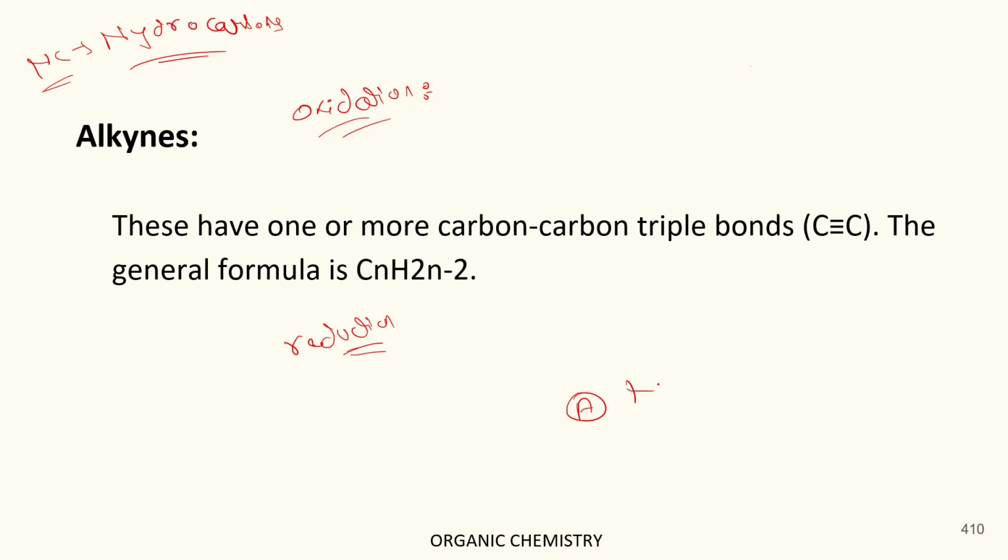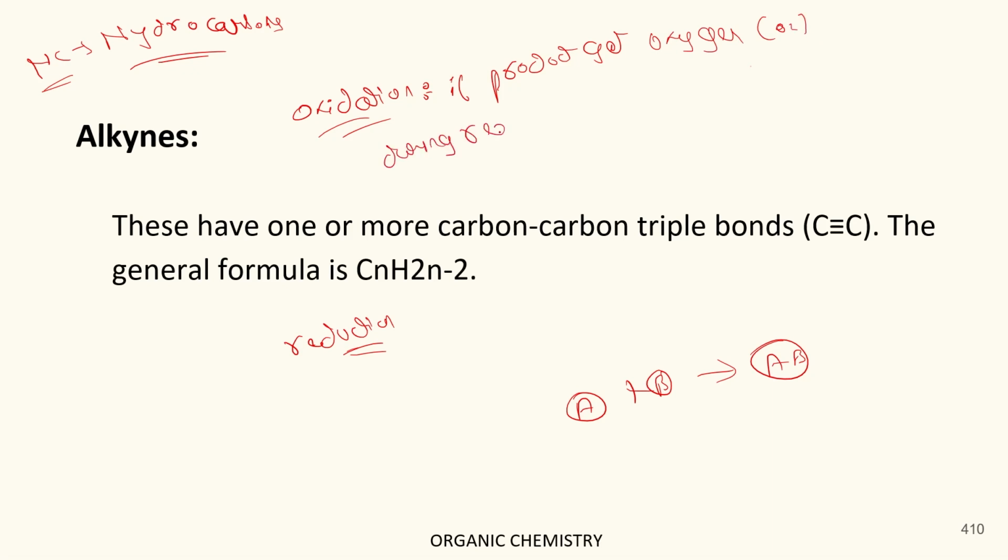So if A and B get combined and form AB, then during oxidation, if the product gets oxygen or O2 during the reaction, that is oxidation. Okay, what do we mean by reduction?